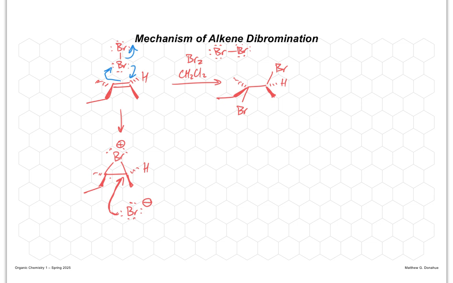So that bromine will attack that carbon. So we're going to break the carbon-bromine bond. So since that bromine was on the bottom, this one has to end up on top. We plug our stereochemistry back in.